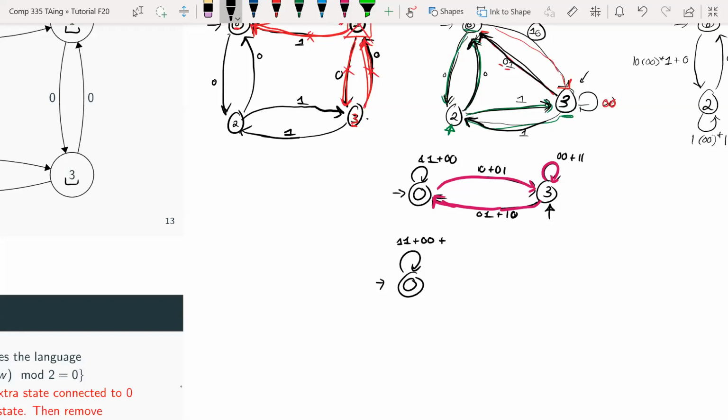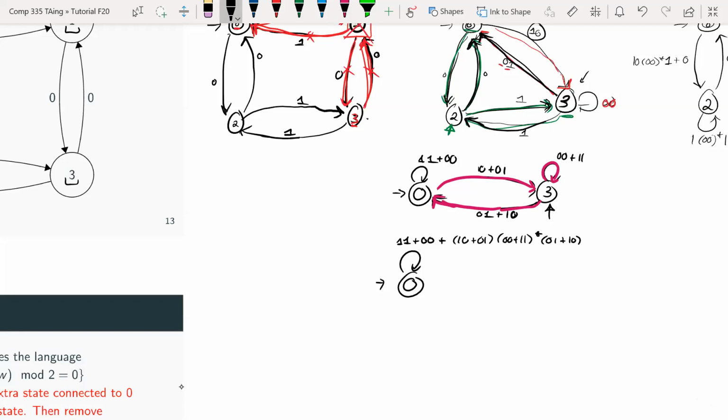So how do I write that in terms of regular expressions? Well, either I have 1, 0 or 0, 1 to go to 3. Then I can stay in 3 with either of these pairs of symbols any number of times. And then I can go back to my final state with 0, 1 or 1, 0. Okay.